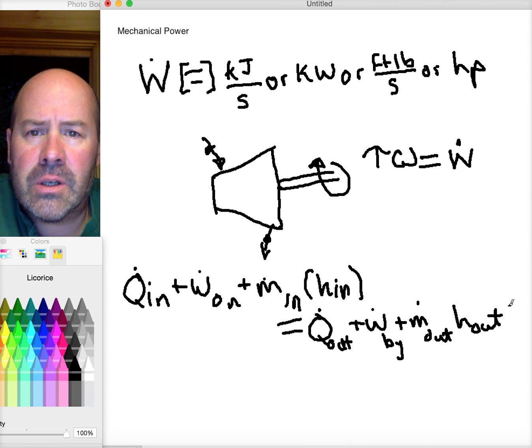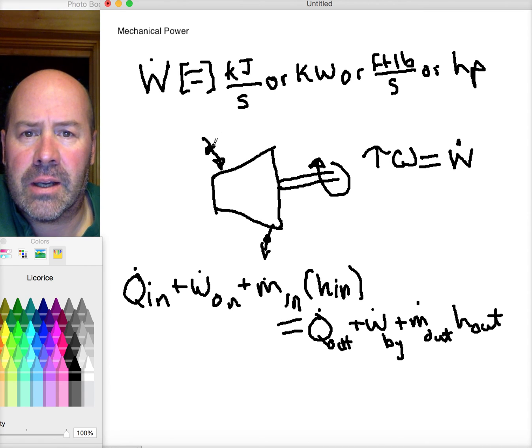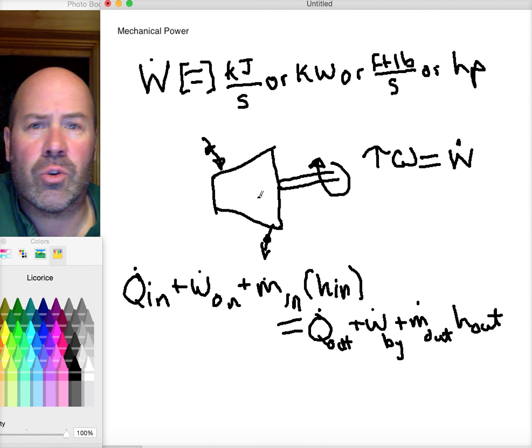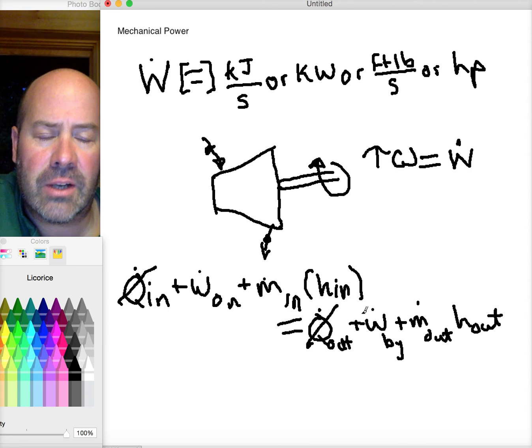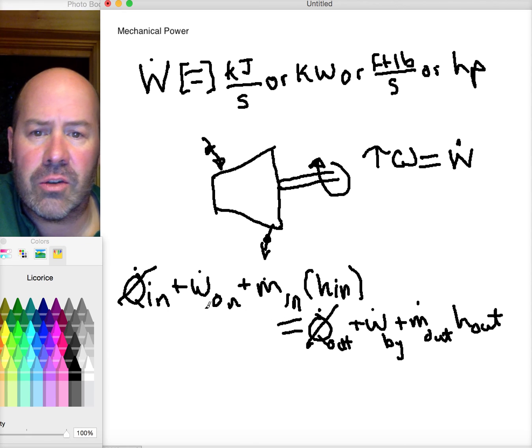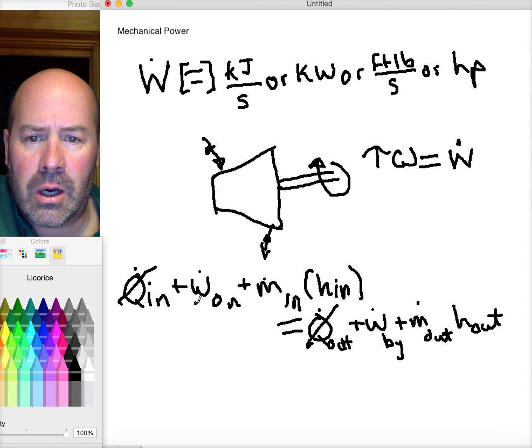In a turbine, it has more energy at the beginning because we're taking energy out. So we are doing work by. And oftentimes with turbines, what happens is we insulate them so that there can't be any heat transfer. And it is work by, so there is no work on.